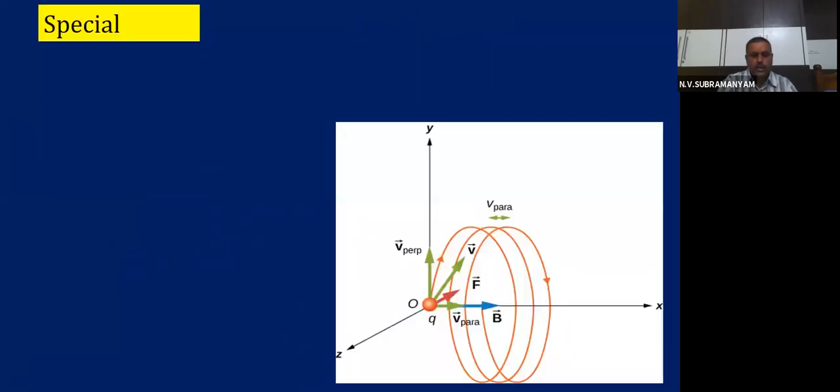Then students will get another doubt. Sir, what if the charged particle is not entering at 90 degrees? It is entering at some other angle, other than 90 degrees and 0 degrees. Let us say it is entering at a 45 degree angle. Then what will happen?